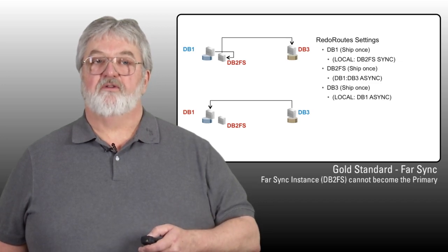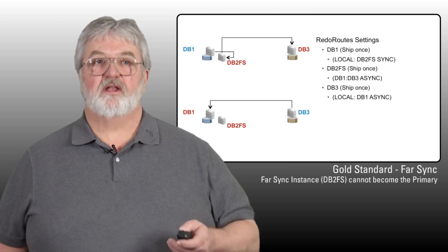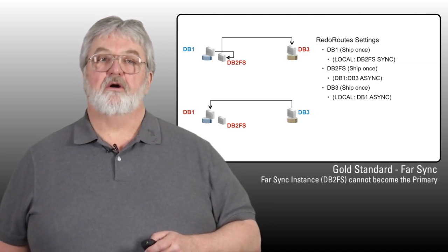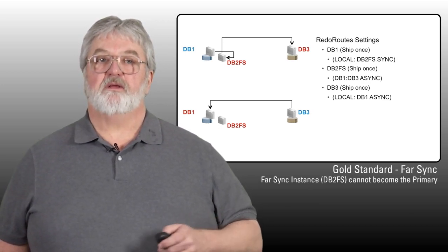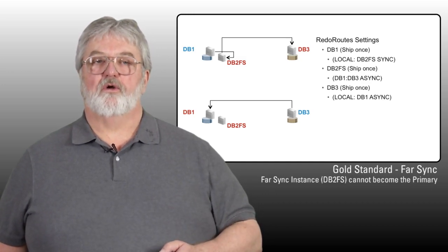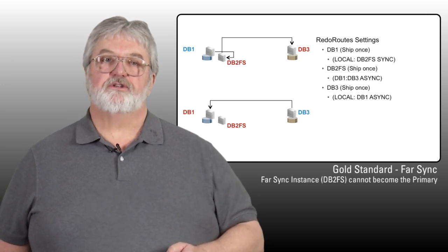If DB1 is the primary, it will ship to DB3 in asynchronous mode. And then DB3, this is our original picture I talked about with FARSync earlier, if it becomes the primary, it will ship directly back to DB1 in asynchronous mode.